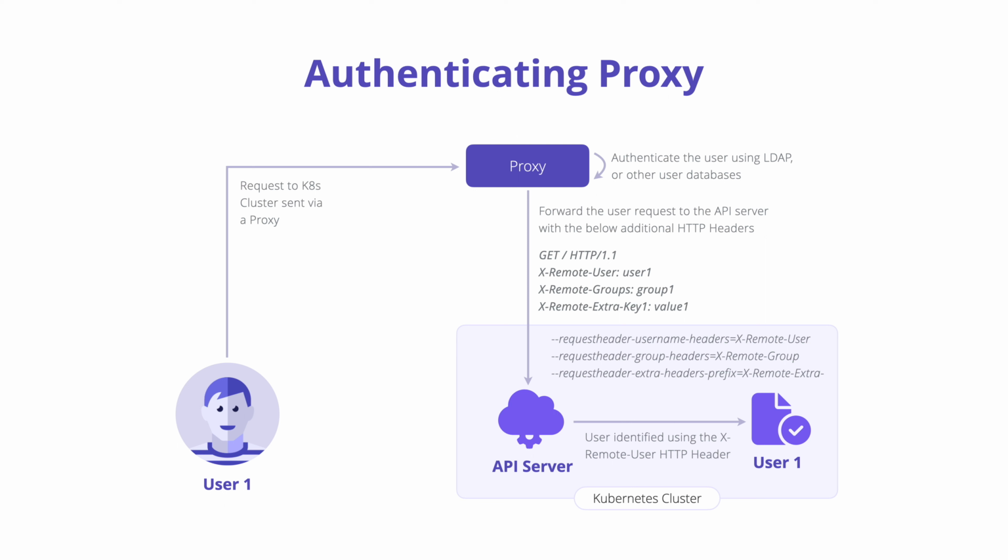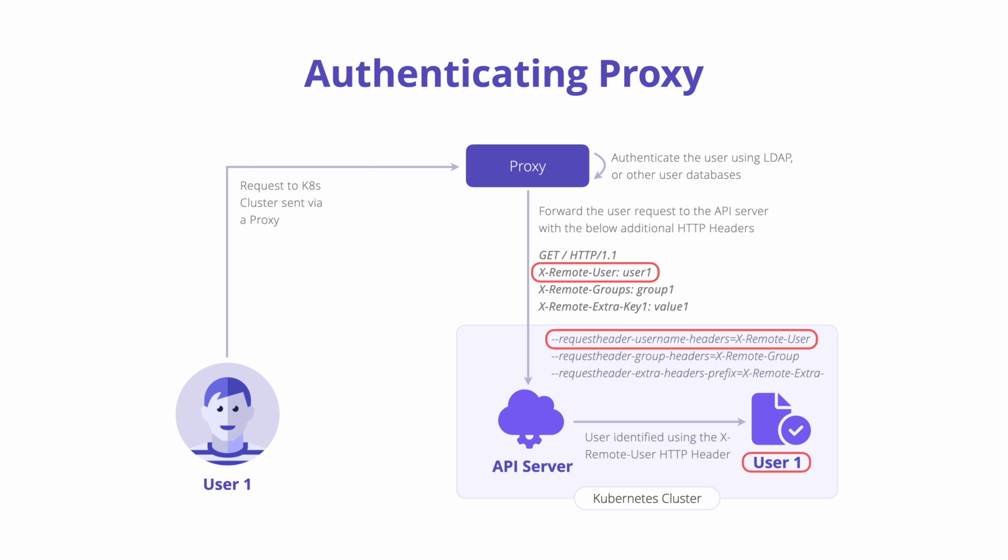As depicted in the figure here, the API server needs to know the name of the HTTP request header that will contain the remote user's name. So in this example, the --requestheader-username-headers is set to X-Remote-User, and user1 is the value of the X-Remote-User HTTP header, so Kubernetes would recognize the calling user as user1.